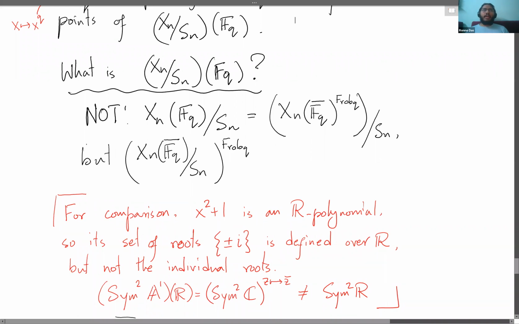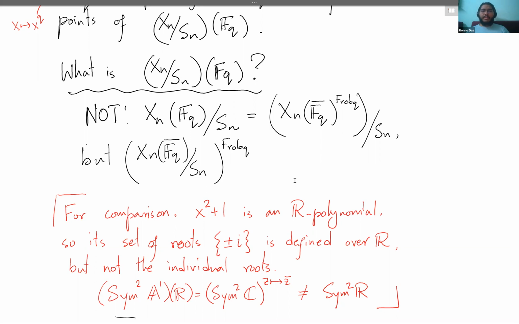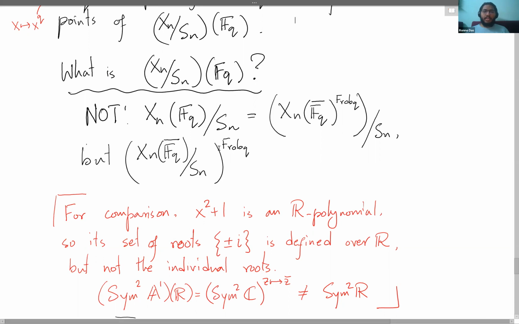You're allowed to take orbits of the group which as an orbit are defined over the finite field, but each individual element of the orbit might be defined over some extension. So you look at all choices of points in all finite extensions at the same time, you go to the orbit space of that and see which orbits are defined over your finite field. So you go to the quotient and then you look at what orbits are defined. That's like taking points that are fixed under x going to x to the q, or Frobenius q.